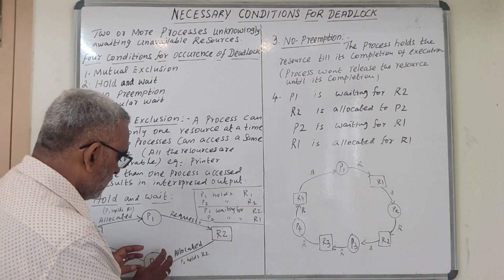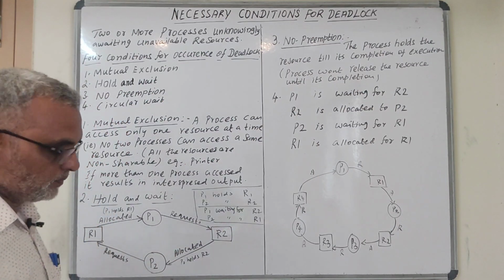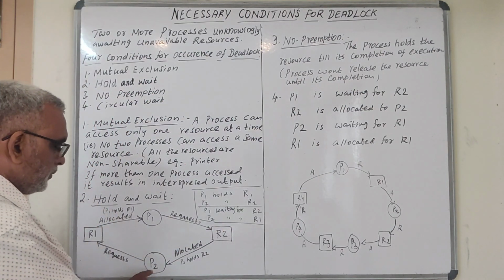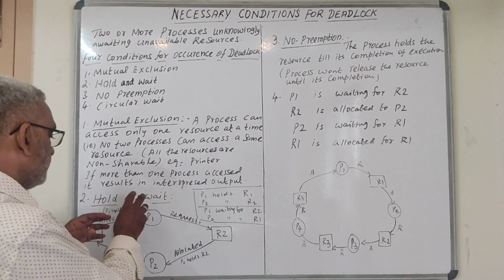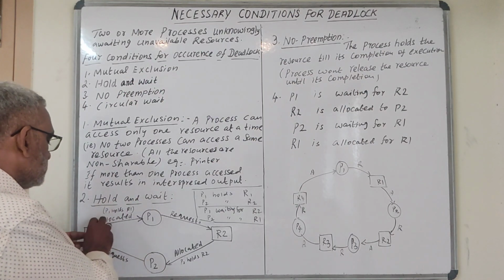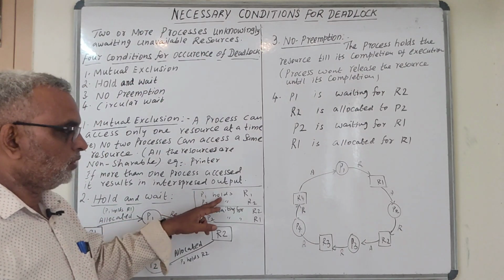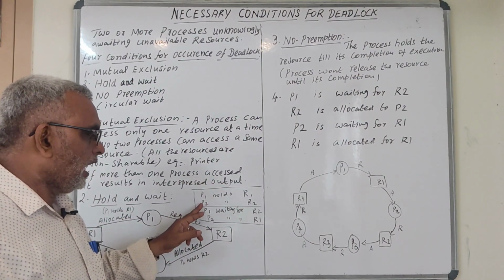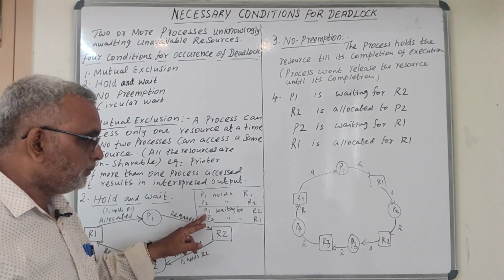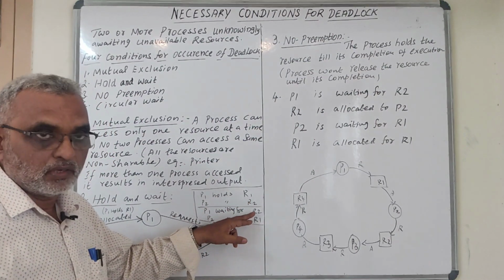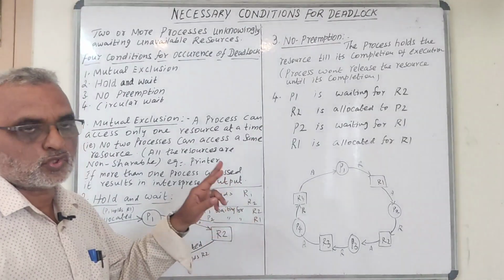So process 2 holds resource 2. Similarly, process 2 requests resource 1, but process 1 holds resource 1. So P1 holds resource 1 and P2 holds resource 2. P1 is waiting for resource 2 and P2 is waiting for resource 1.